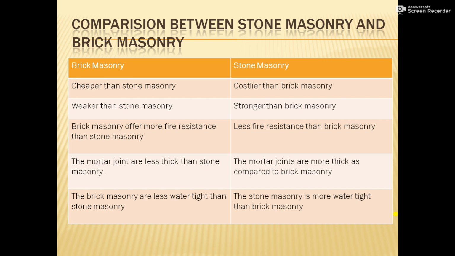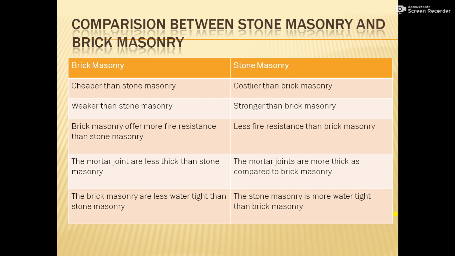So the first point of comparison is that brick masonry is cheaper than the stone masonry, as stone masonry is costlier as compared to brick masonry. Why does this happen? Because the bricks are manufactured with the help of molds in manufacturing industries.